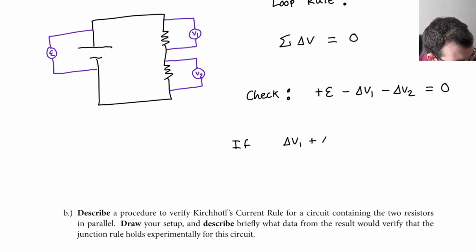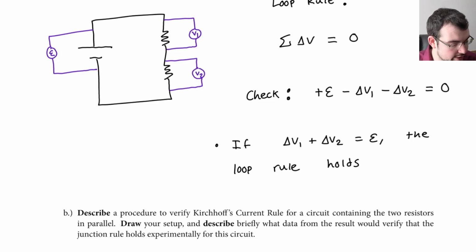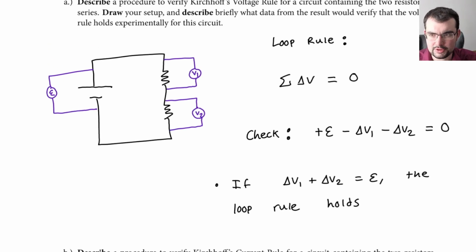So if your two voltage drops sum to the battery voltage, the loop rule holds. That's what you're looking for, because you're looking for the two drops to equal the gain. Because again, you're saying that you're going to gain potential by stepping across the battery terminals, and then you drop it in these two places, so the two drops must equal the gain.